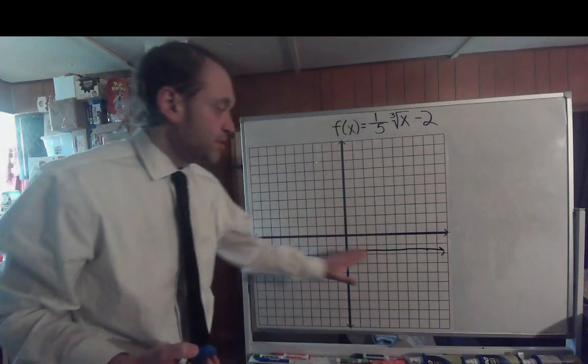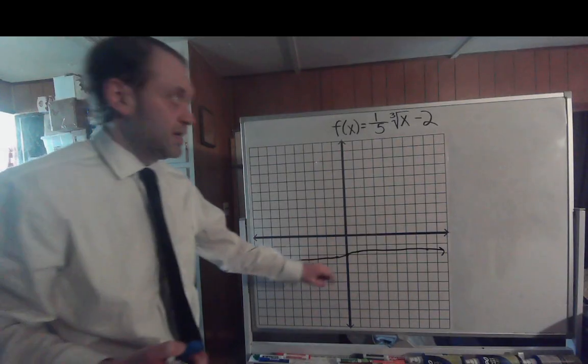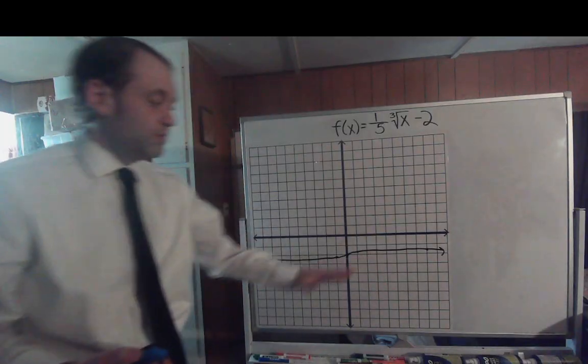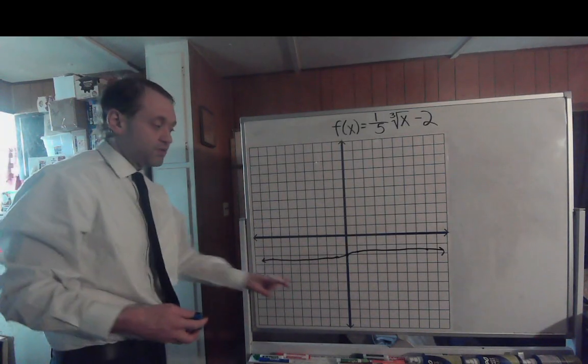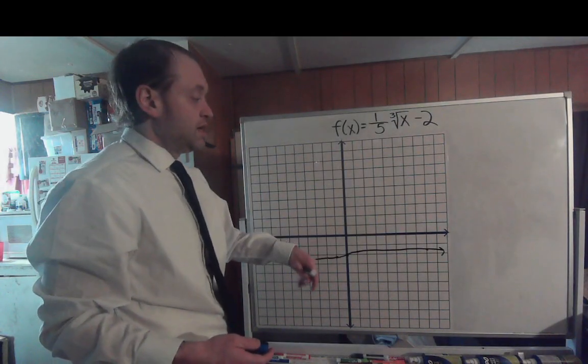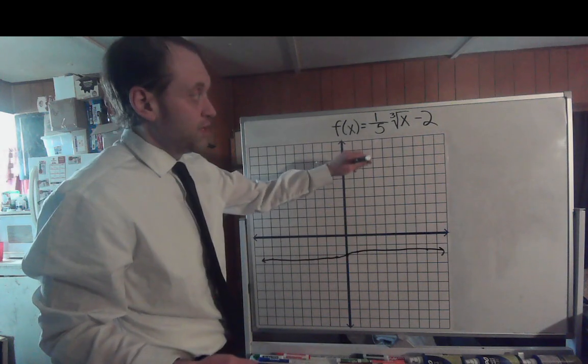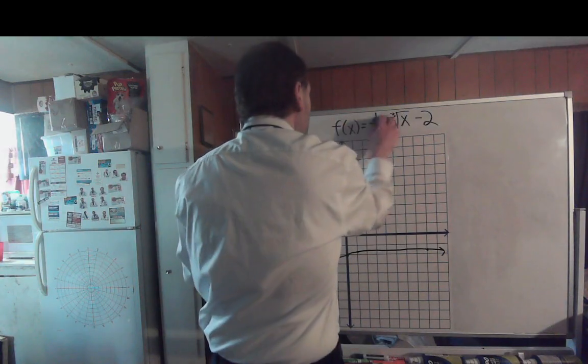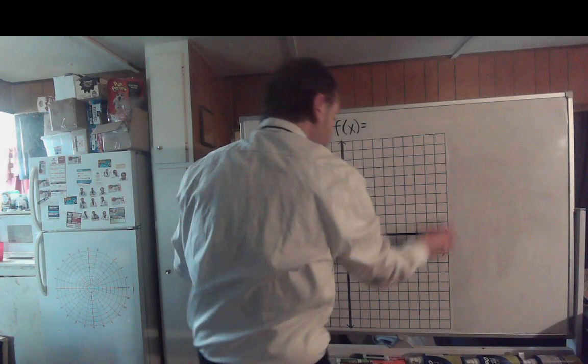It pretty much is almost flat at that point. It's horizontally stretched, and it's shifted downwards 2 units from the starting point. So those are things to note about transformations in the original graph, how we got from the original f of x equals the cube root of x. Alright, I have 2 more.